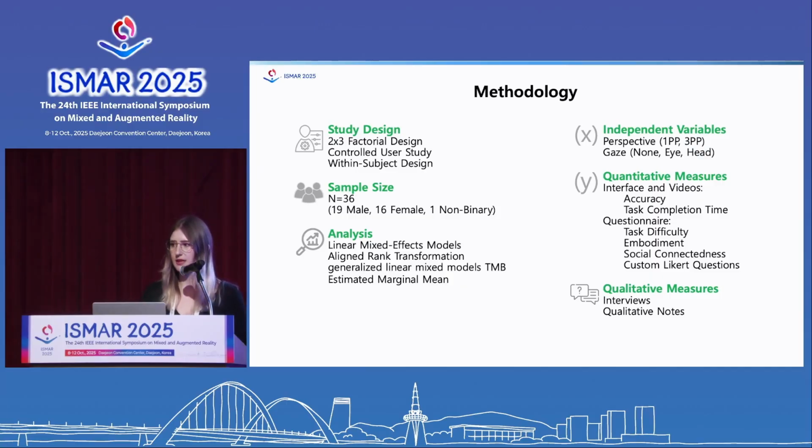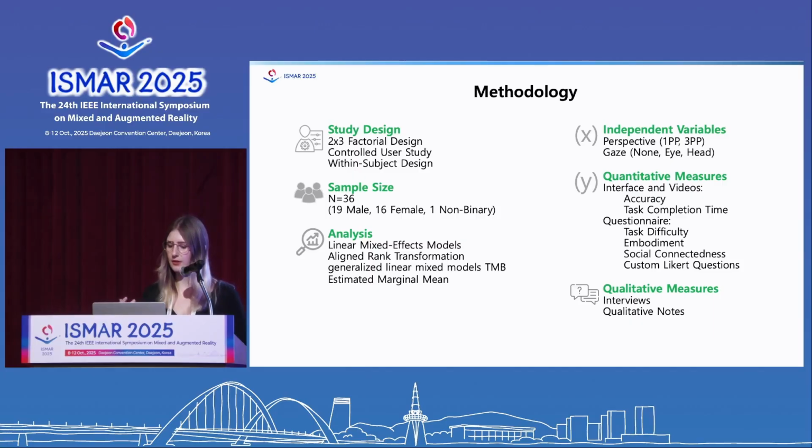We had a sample size of 36 participants and did an analysis on all the data. We not only evaluated everything quantitatively, but also qualitatively to get a feeling for the emotions of the participants.